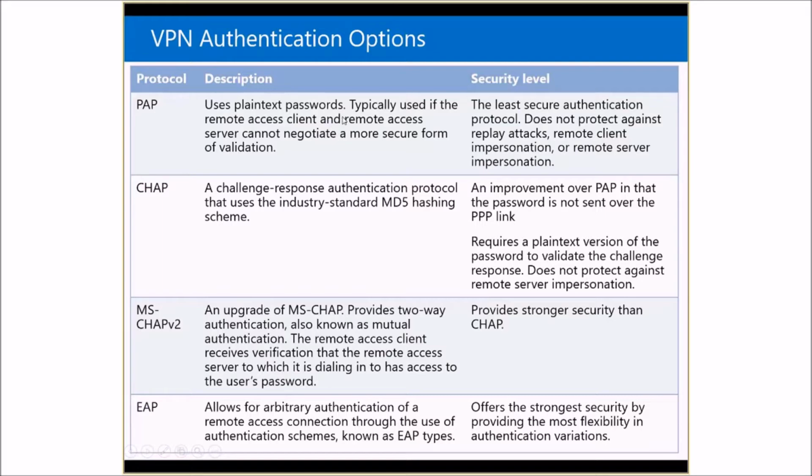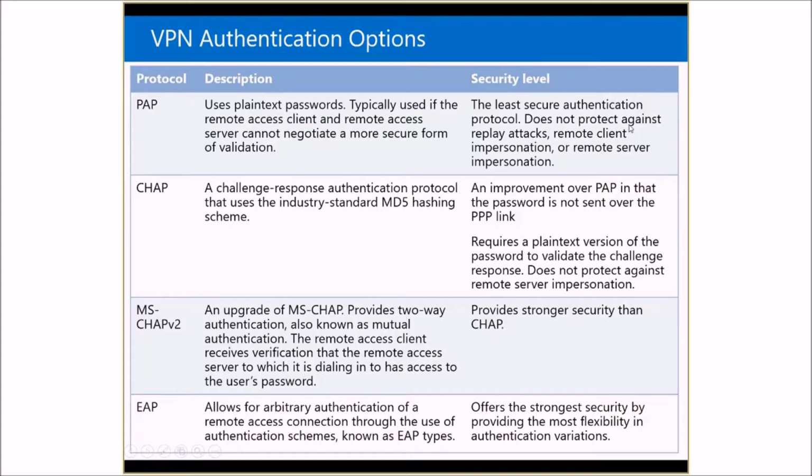It's typically used if the remote access client and remote access server cannot negotiate a more secure form of validation. Why? Maybe you've got a Windows 3.11 or Windows 95 computer that doesn't know any of these other things. You might still be using this, but that would be ridiculous. So it's the least secure authentication protocol.